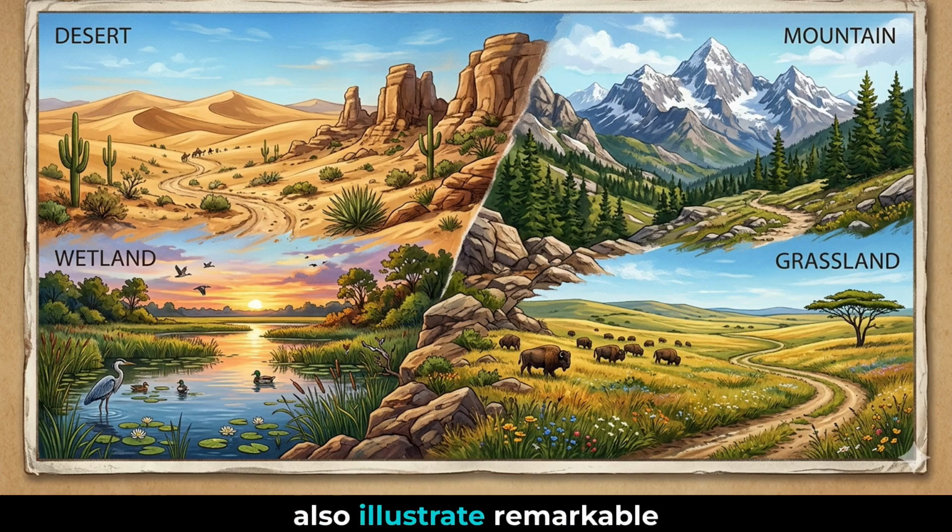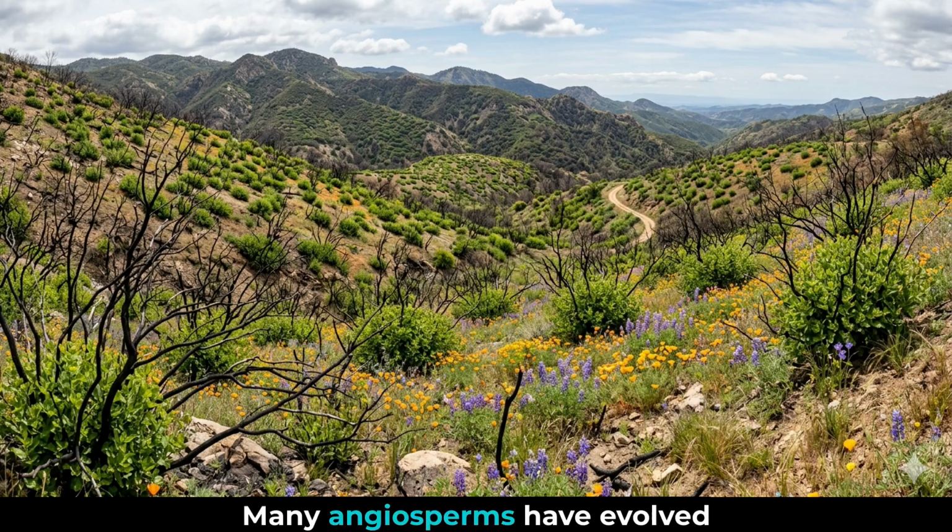Angiosperms also illustrate remarkable evolutionary adaptability. Their flowers and fruits have allowed them to colonize nearly every environment, from deserts to coastal wetlands, high mountains to grasslands. Many angiosperms have evolved fire tolerance, drought resistance, or other adaptations to survive extreme conditions.